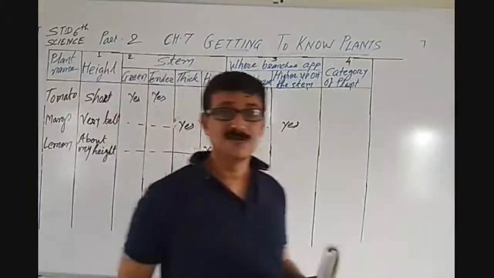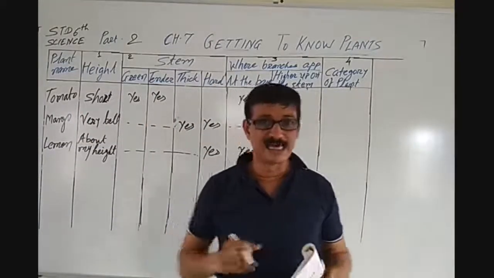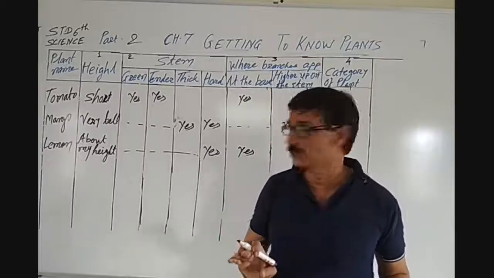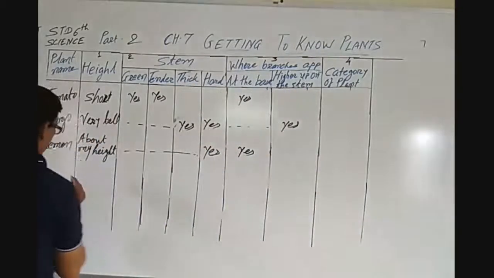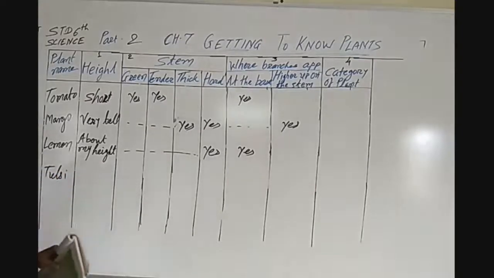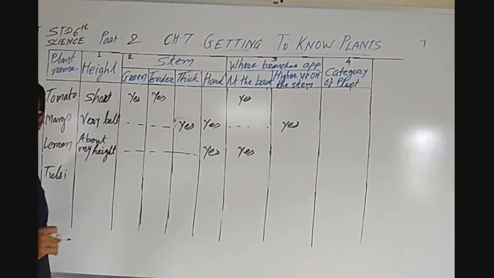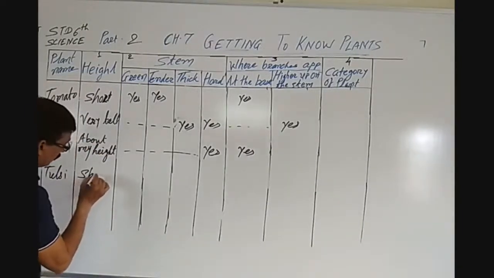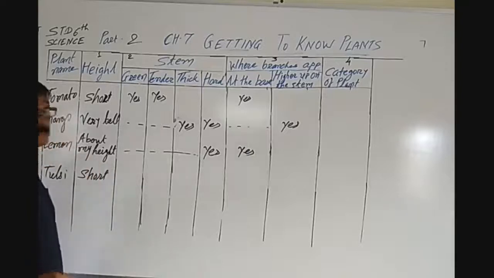After that, let's write one or two plants which are herbs. One of them is Tulsi. You must have seen the Tulsi plant, isn't it? So let me write Tulsi plant here. Now its height is short, isn't it? So here I should write short.